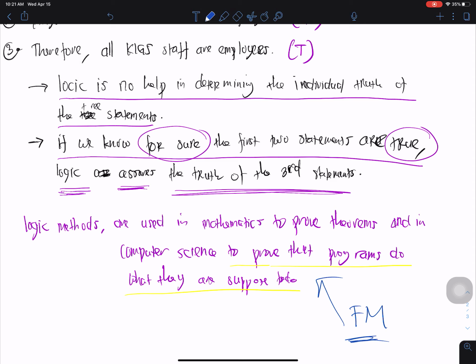So it's the same. It's a system that makes sure programs do what they are supposed to do. And the tools and notations that we are using here are logic notions and tools, which are logical methods. Okay, quite confusing. Let's take a look at another example.